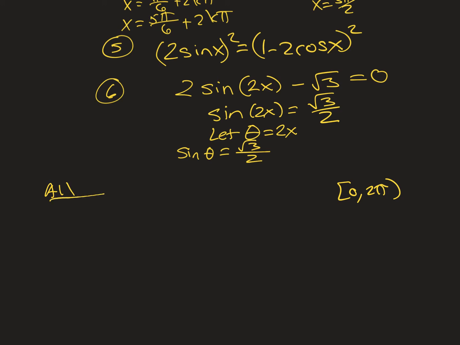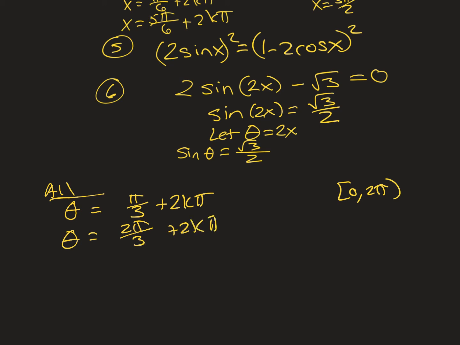So we're looking for the quadrants where sine is positive, quadrant 1 and 2. So theta equals pi over 3 plus 2k pi, and theta equals, not 5 pi over 3, sorry, 2 pi over 3 plus 2k pi.